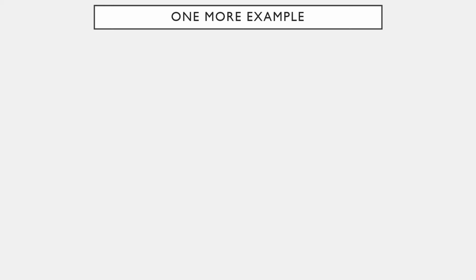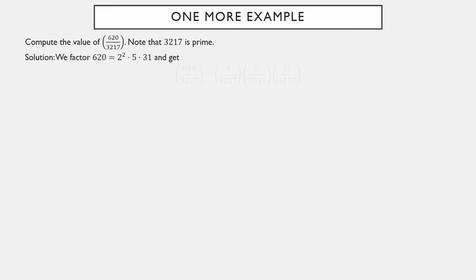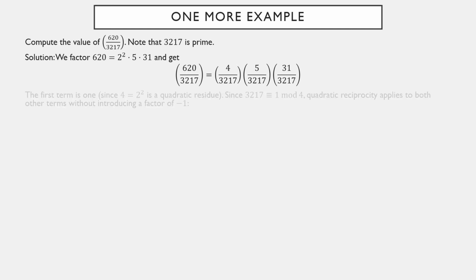All right, so more examples along these lines. Let's compute whether 620 is or is not a quadratic residue mod 3217, and you're given that 3217 is prime. Well, factor 620 as follows and split it up accordingly. Now, term by term, 4 is definitely a quadratic residue mod anything because it's 2 squared.